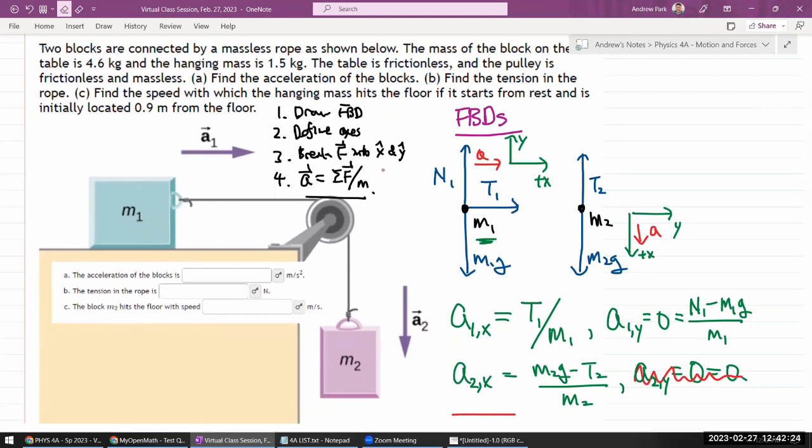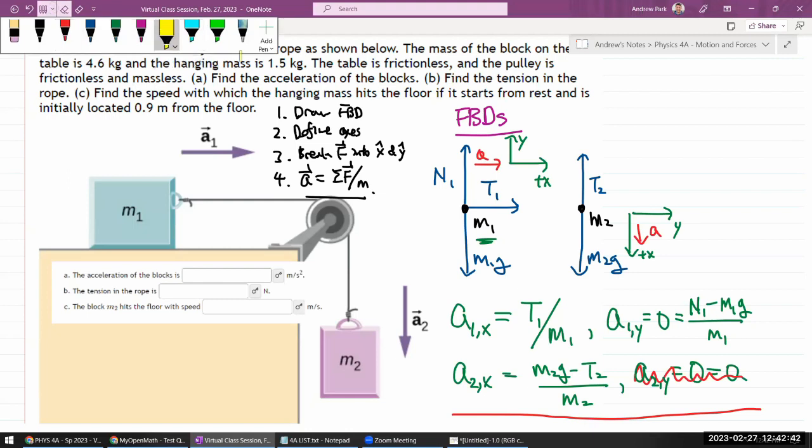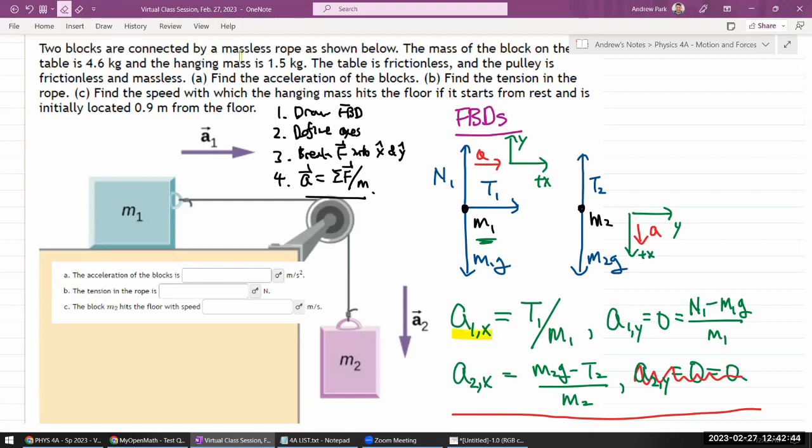We've written down Newton's second law equations, and let's see if we have enough equations for the unknowns we have. It looks like the question will be asking for the acceleration of the blocks. So I don't know this, and I don't know this, two unknowns.